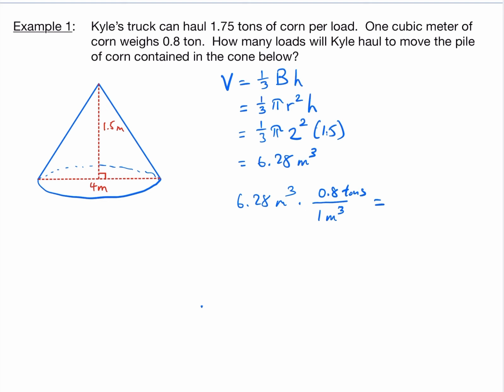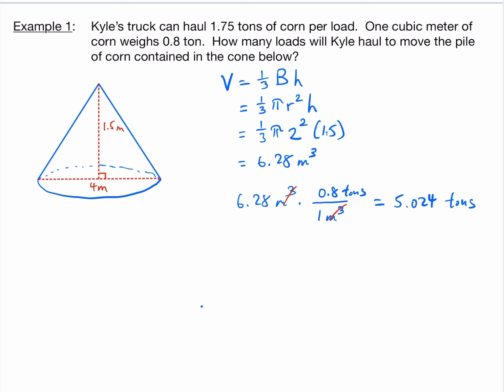Okay, so if we multiply this across, what you'll see is the meters cubed cancel out, and 6.28 times 0.8 tons gives us about 5.024 tons.